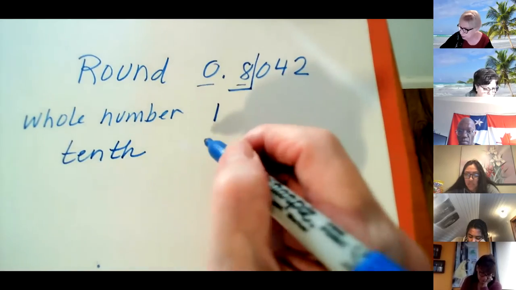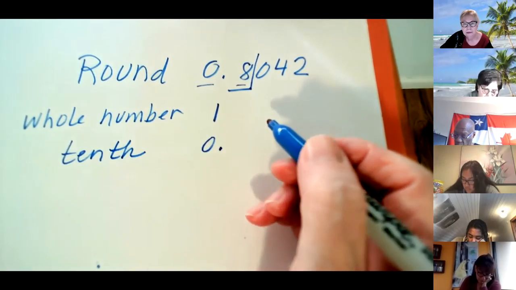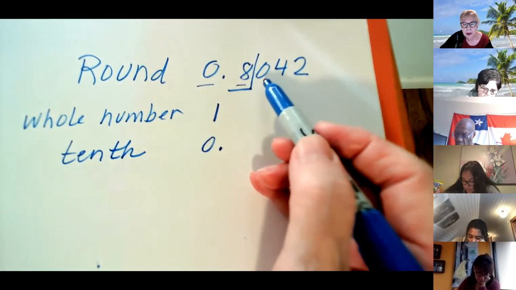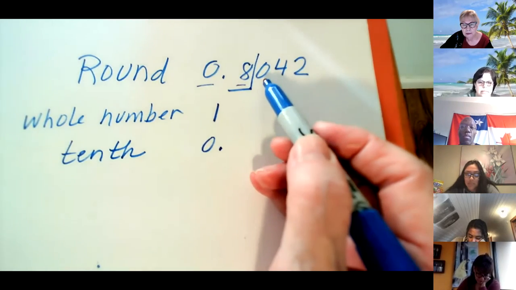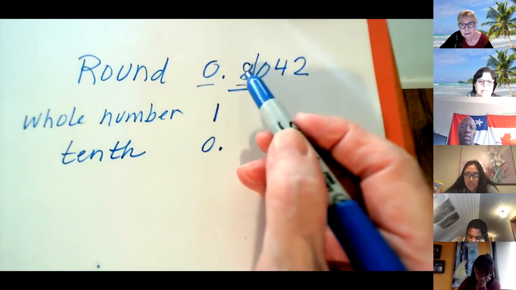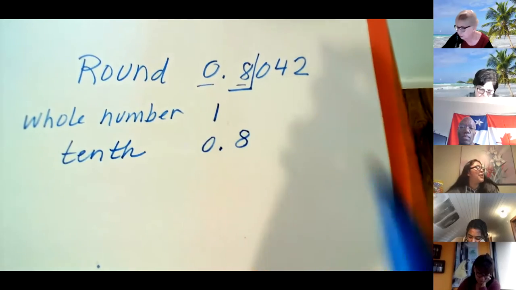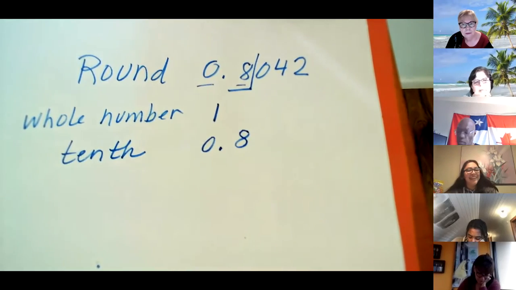What's your answer? 0.8. What does this 0 do to us? It's not very big. No, nothing. You just copy the 8. Okay.